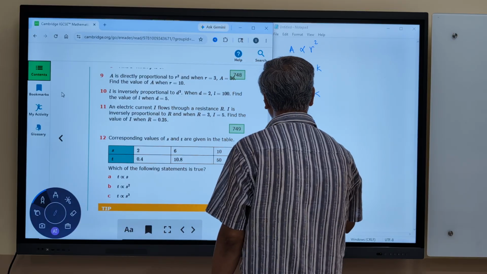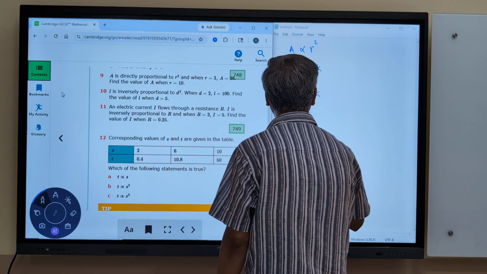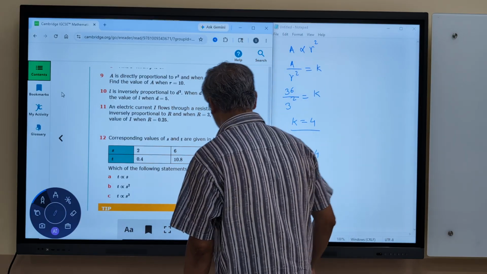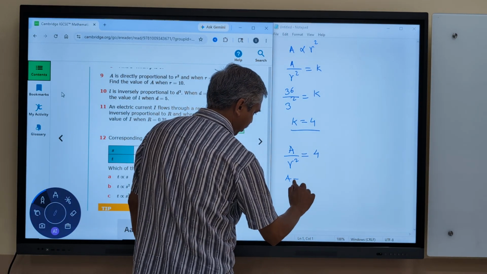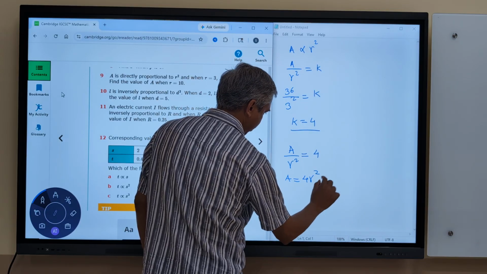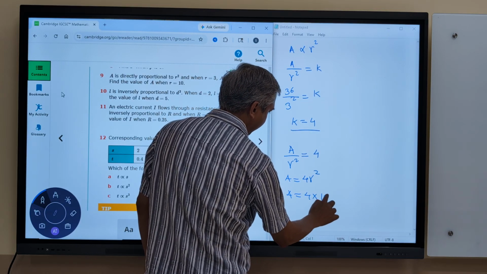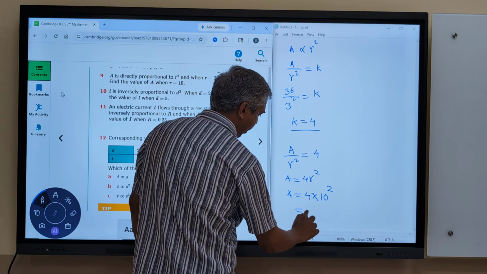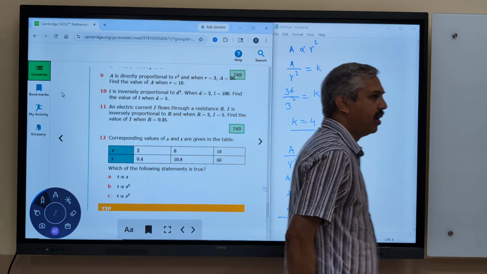So a upon r square is equal to k, but k is 4. So a is equal to 4r square. So a is equal to 4 into 10 square, that is 4 into 100, which is 400. That is the area.